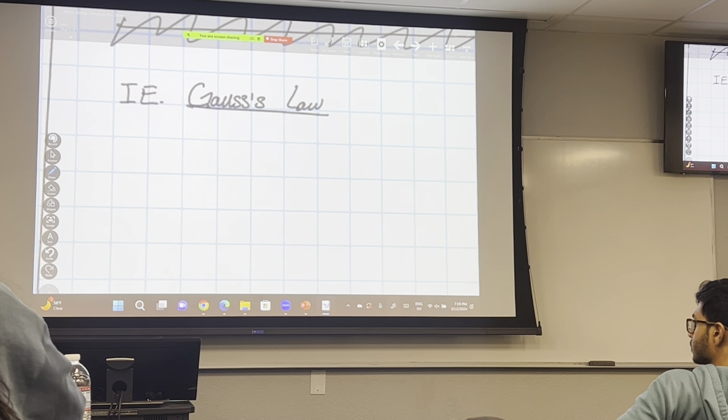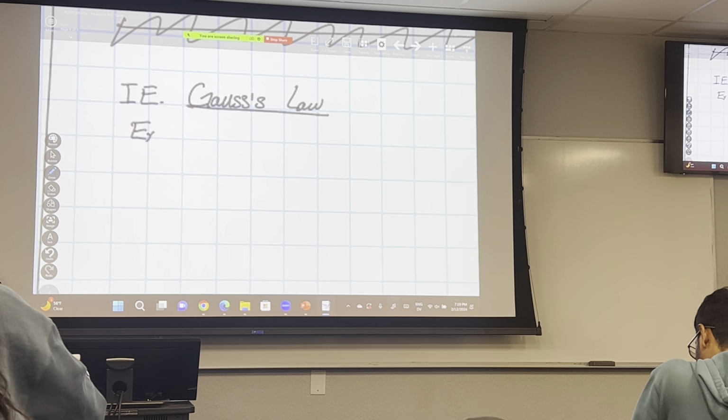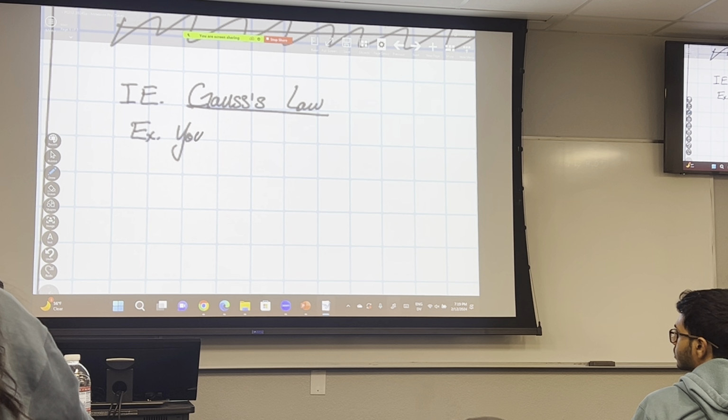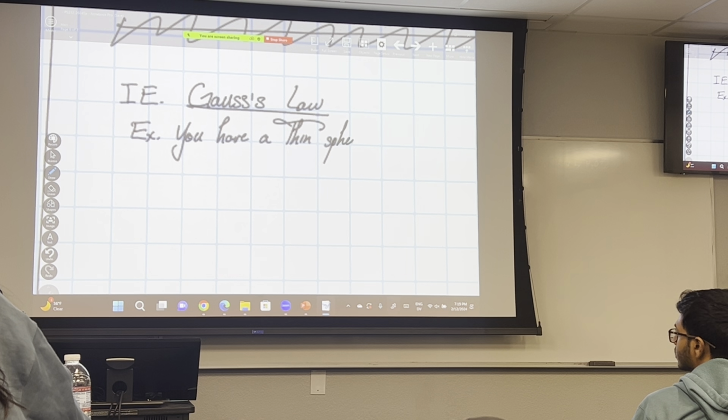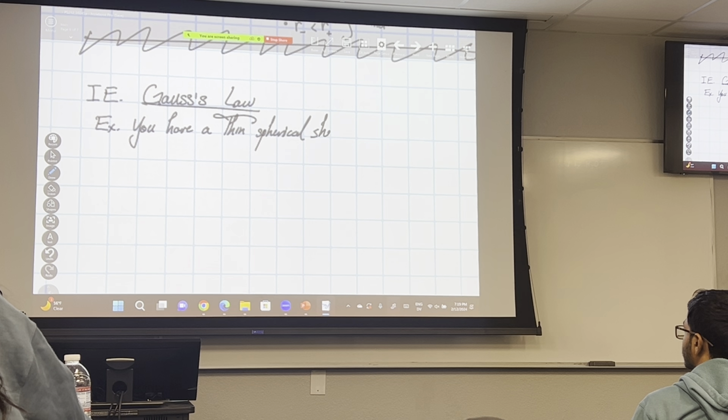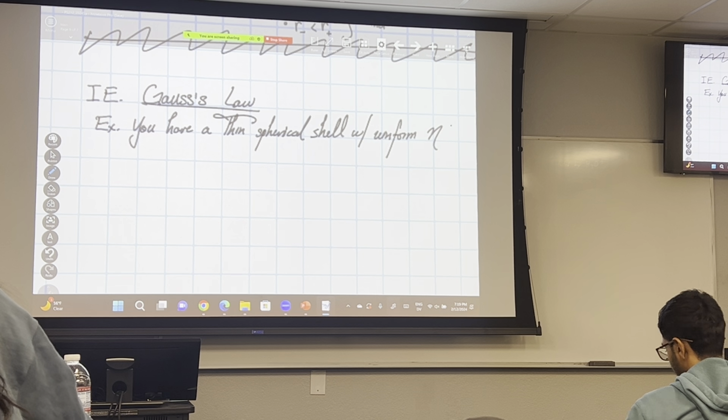Gauss's law. To introduce this section, let me begin with an example. Let's say you have a thin spherical shell with a uniform charge.